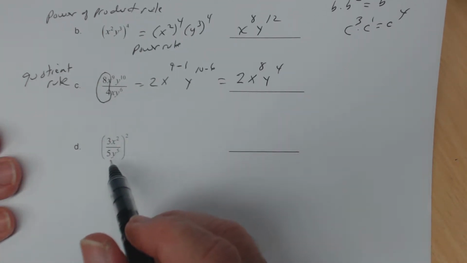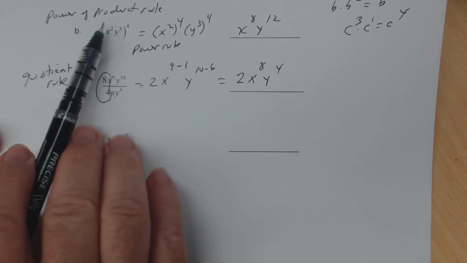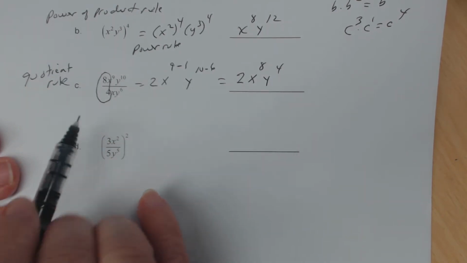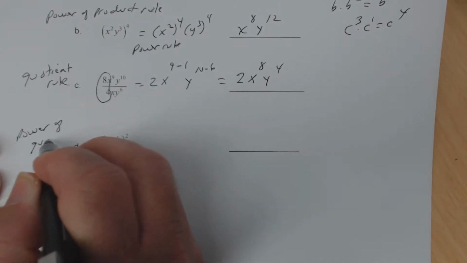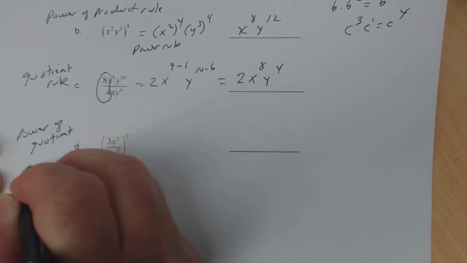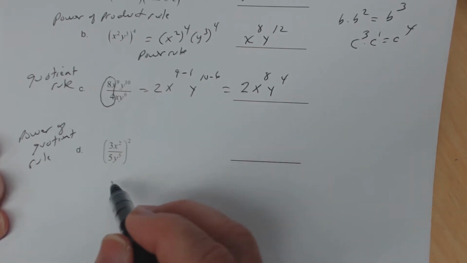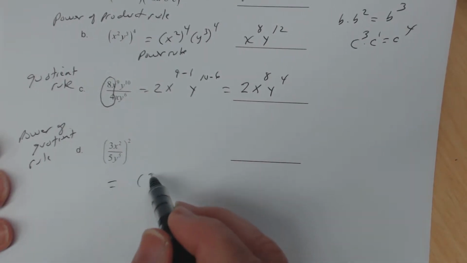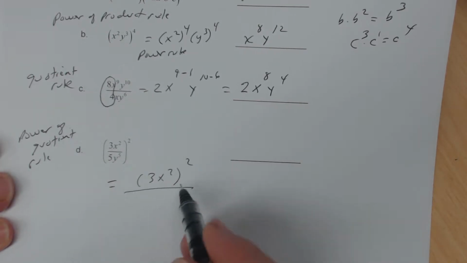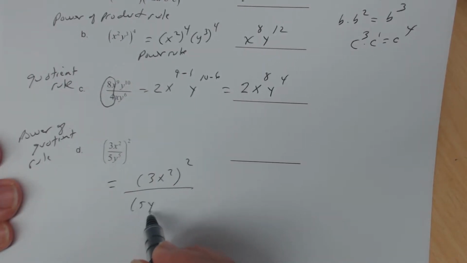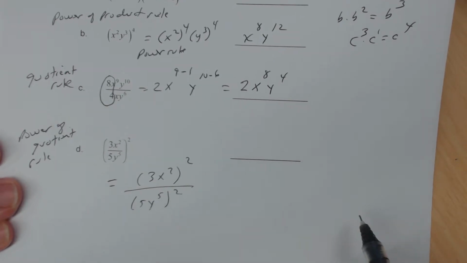All right, over here, again, you're going to use the power of a product. This will be the power of a quotient rule. And so you're basically going to say, I'm going to take the numerator, which is 3x squared. I'm going to square it, raise to the 2nd power. Divide by, I'm going to take the denominator. I'm going to square it as well.